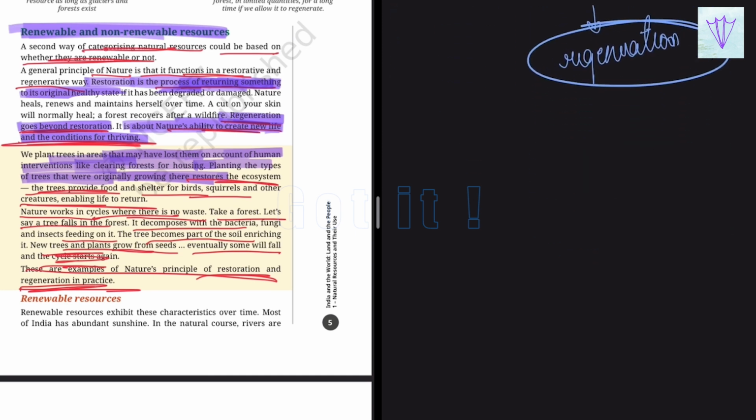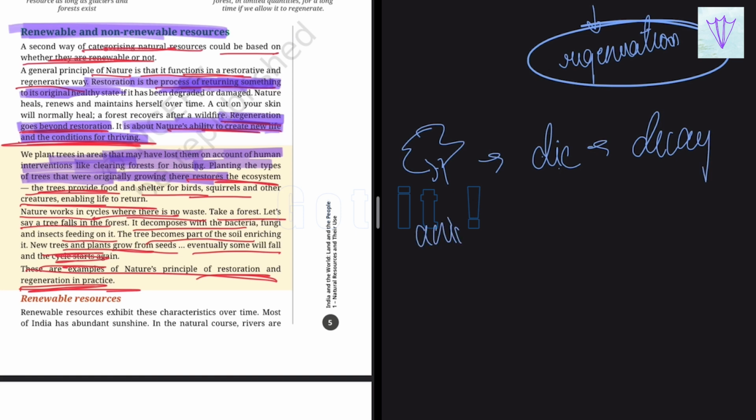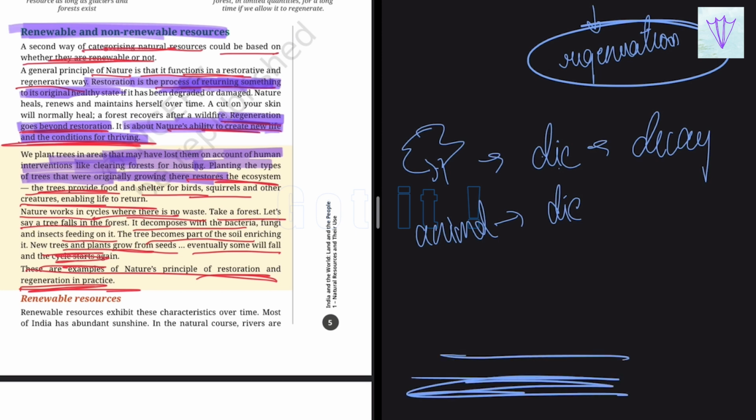So here they are saying that if a tree or any other plant dies, obviously it will decay, or let's say animals, they will also die, and obviously they'll be mixed up in the soil and form layers and layers of soil.